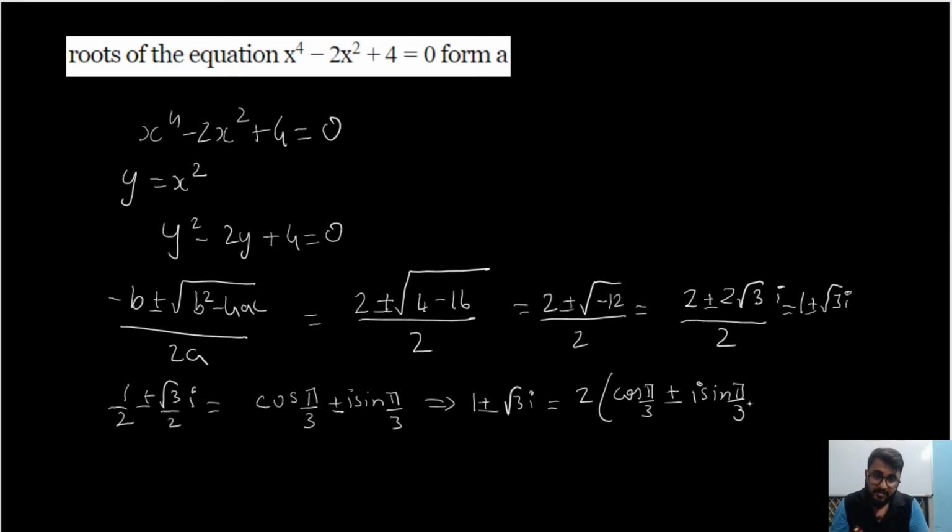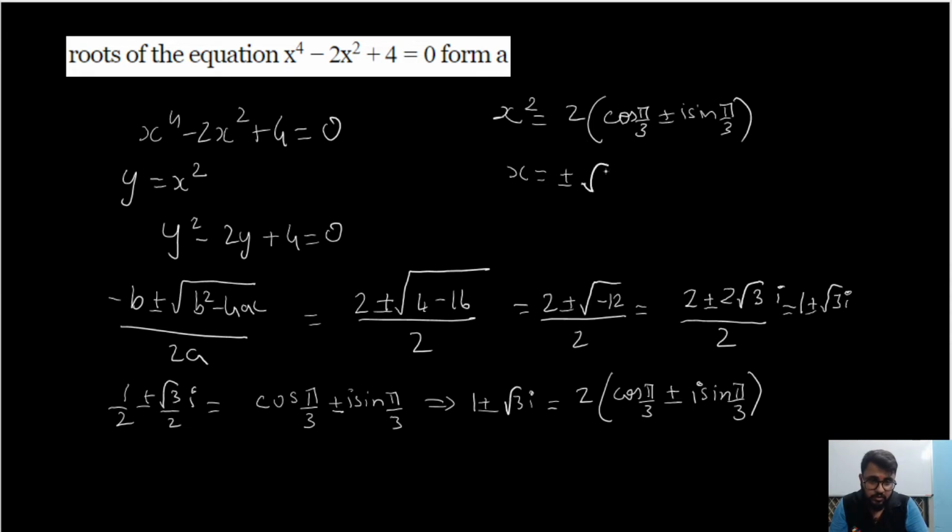And this is just the value of y, and we need to find the value of x, right? So we can say x squared is equal to 2 cos pi by 3 plus or minus i sine pi by 3. So the root of it will be plus or minus the whole root.